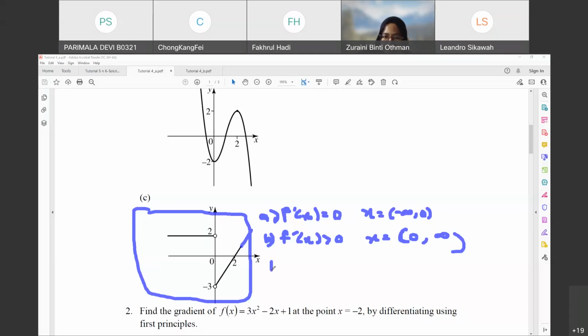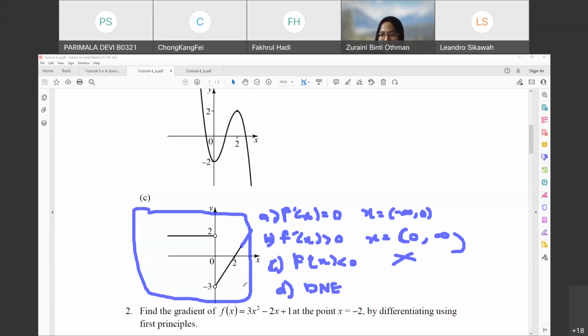And is there any point of X it is negative? Ada tak? Less than 0. Tak ada kan? But C and D, is there any point that the domain does not exist? So yang ni, ada tak?